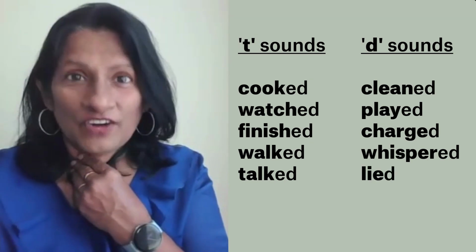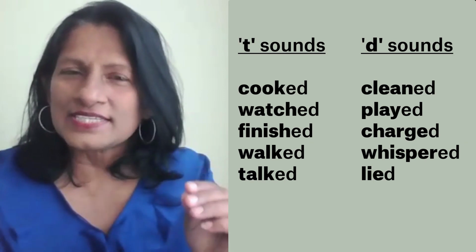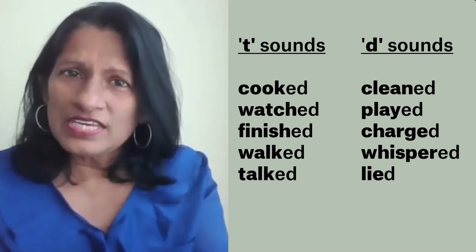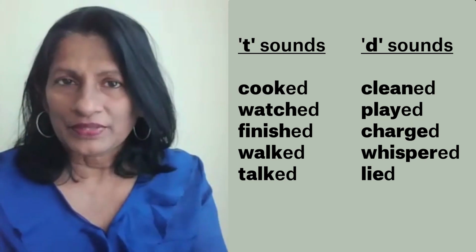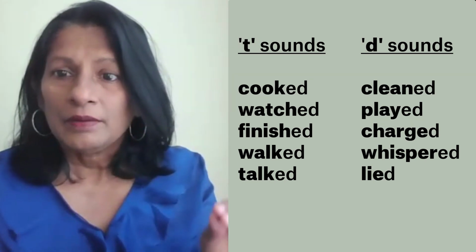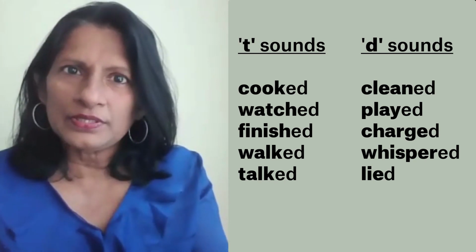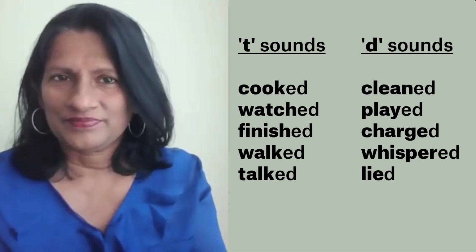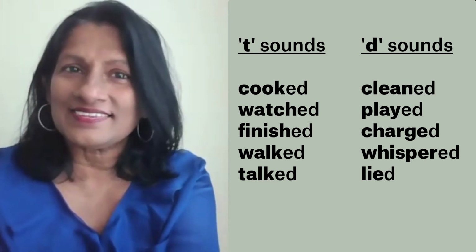You can hear a vibration. And because of that, they're called voiced sounds. So for these voiced sounds, the ending is d. Cleaned, played, charged, whispered, lied. Got it? So that is the difference between the t and the d.